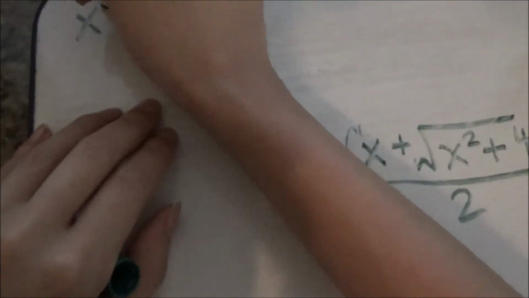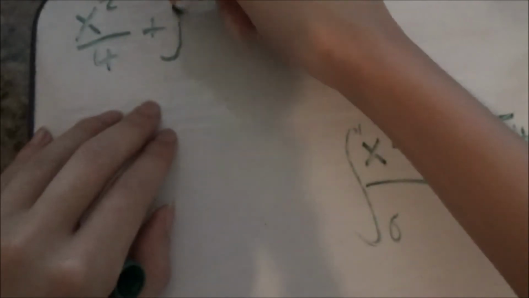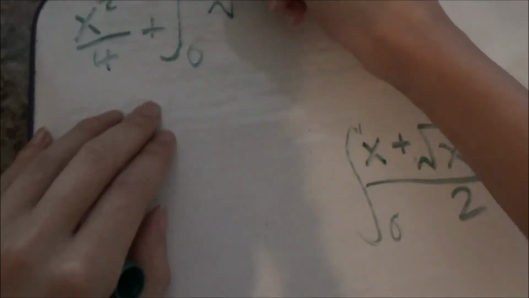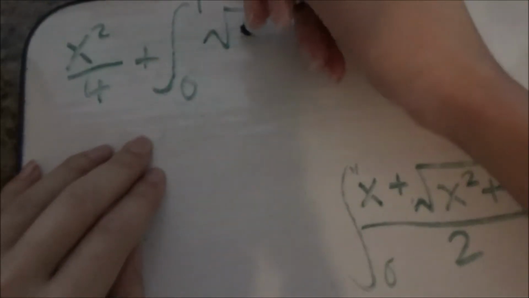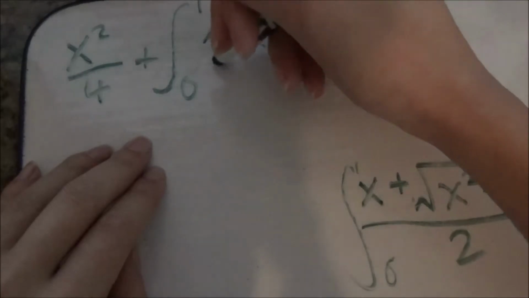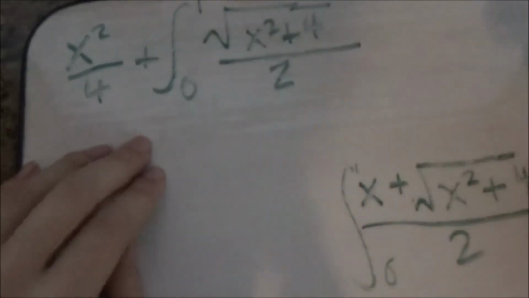So x over 2, the integral of x over 2, that's like x squared over 4. Plus the integral from 1 to 2, the square root of x squared plus 4 divided by 2.